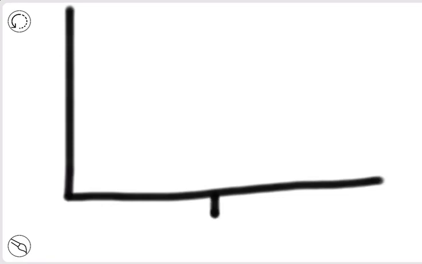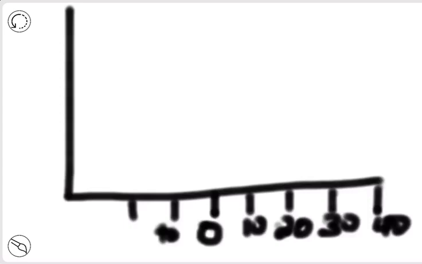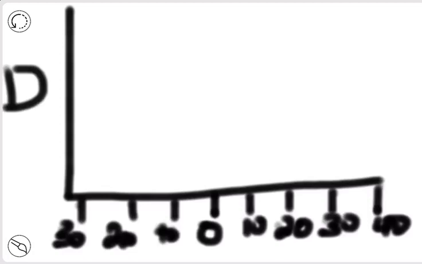So the fovea centralis can be there in the center, and then I can put, let's say, distance away from the fovea, and then this one maybe is going to the temporal side, and the other side is the nasal side. This one can stand for the density, whilst this one is for distance.